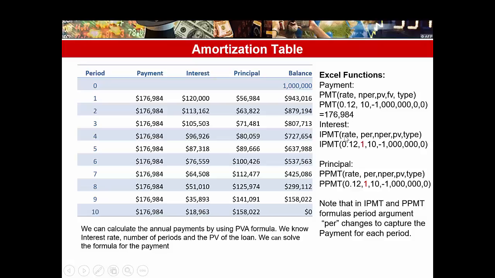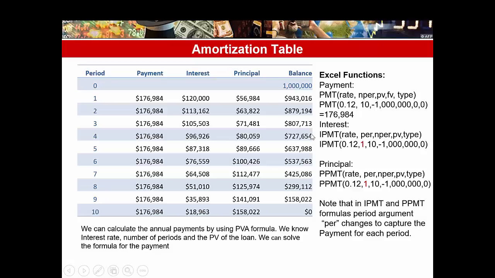It would still do the calculation and produce 176,984. So the payment function calculates the equal installments. As long as we have the amount of the loan, interest rate, and the length of the loan or the maturity of the loan, we can produce payments very, very quickly in an Excel function.